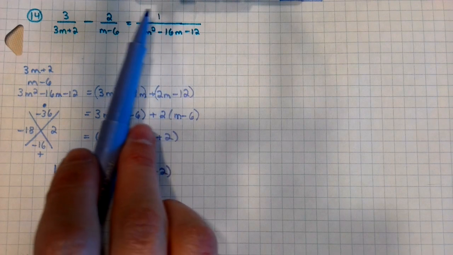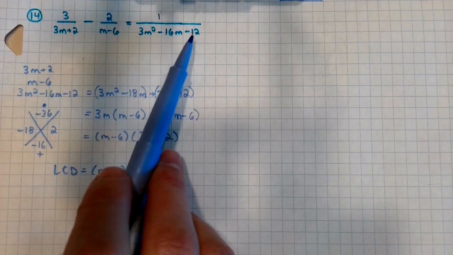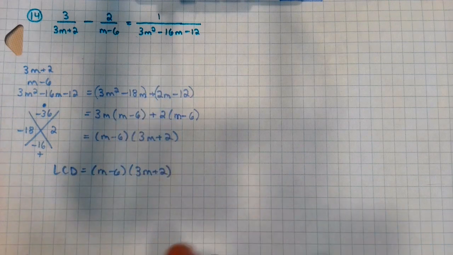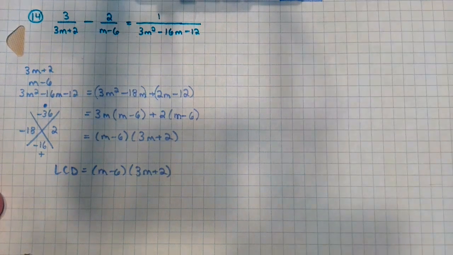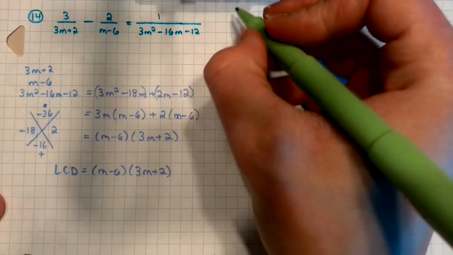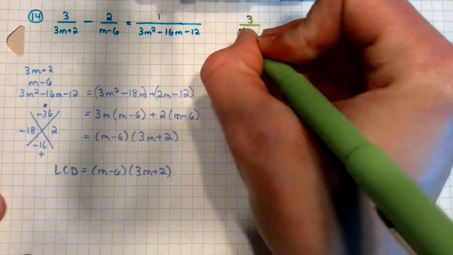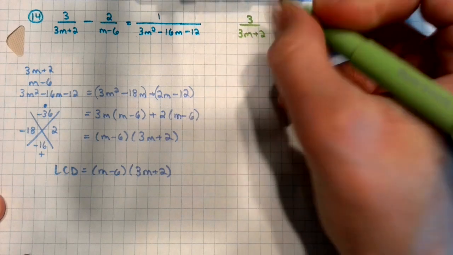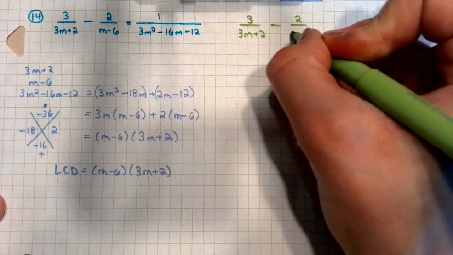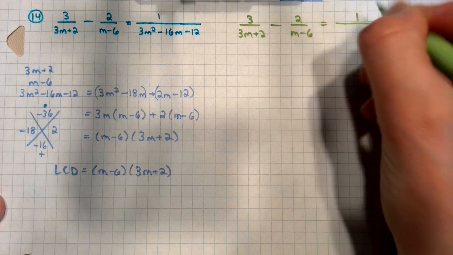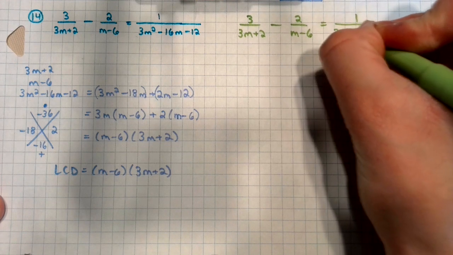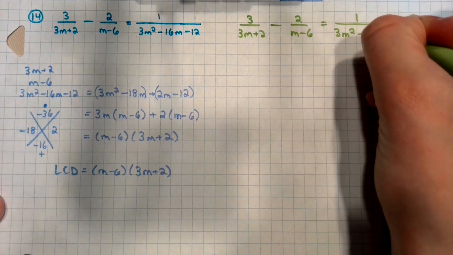So what's going to happen is this whole denominator on the right-hand side is going to cancel out completely because that is our least common denominator. So rewriting this equation, we have 3 over 3m plus 2 minus 2 over m minus 6 equals 1 over 3m squared minus 16m minus 12.